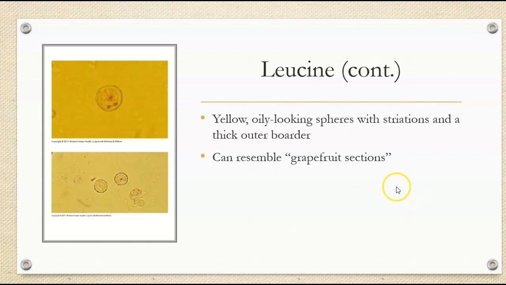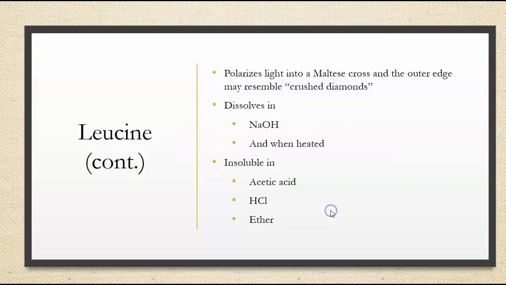Sometimes we can see these alongside a tyrosine crystal, but again, not as common to see these either. It will polarize the light into a Maltese cross. Some of that outer edge can look like crushed diamonds, so that makes it a little easier to identify. It'll dissolve in NaOH and when heated, and it's insoluble in acetic acid, HCl, and ether.